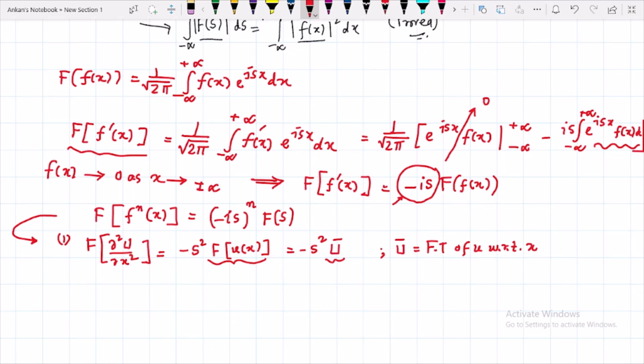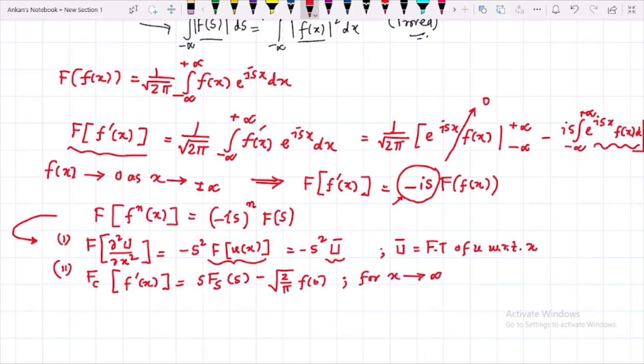Likewise, you can also obtain the Fourier cosine transform of f prime x. It will be helpful for us. It is F_s(s) is minus root 2 by pi f(0), provided as x tends to infinity f(x) tends to 0. This is the condition.